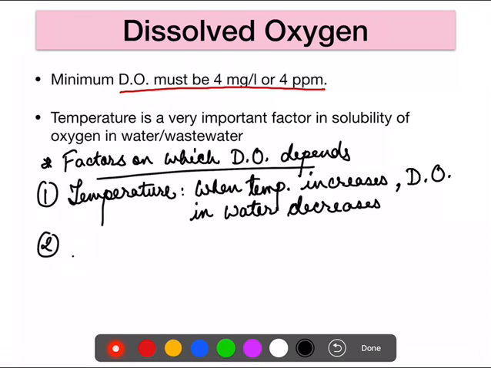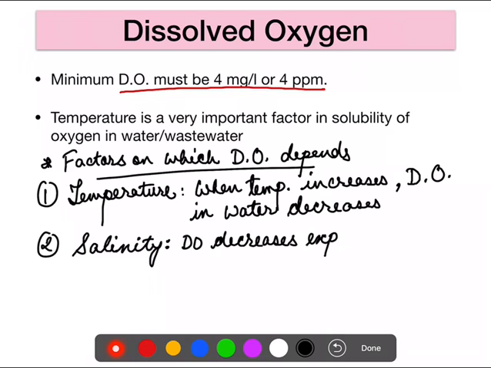The second factor is salinity. Salinity means presence of ions like sodium chloride, magnesium chloride. For example, seawater is saline in nature. So the DO also depends on the salinity of water. How?